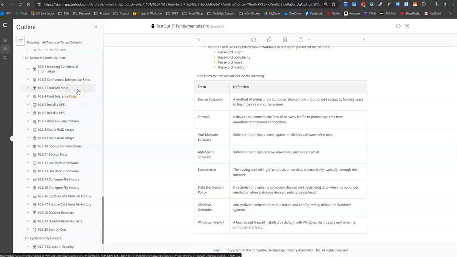Fault tolerance, you have network hard drive systems where there are several hard drives in there that are fault tolerant, so they don't wipe all the other hard drives down. You can hot swap those. You can take those out, put a new one back in, and you're all set to go. A lot of different areas where you want to secure the system, backing it up, making sure that you have everything in place for that. And that's a business continuity plan, or a disaster recovery plan is within that too.